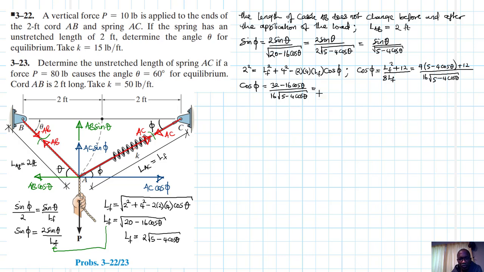That is a 2. So this becomes just 2 minus cos theta divided by root of 5 minus 4 cos theta.